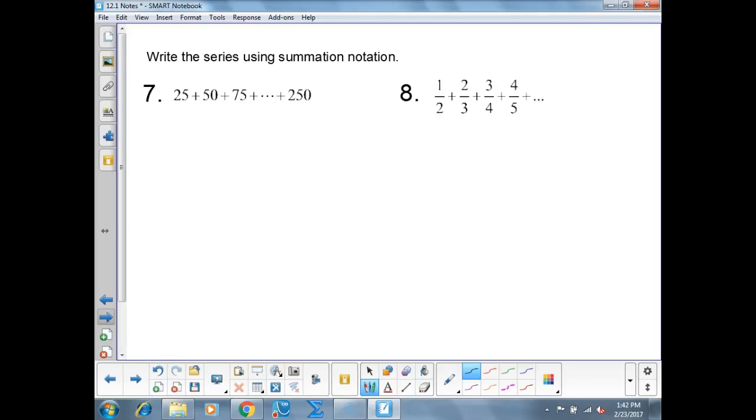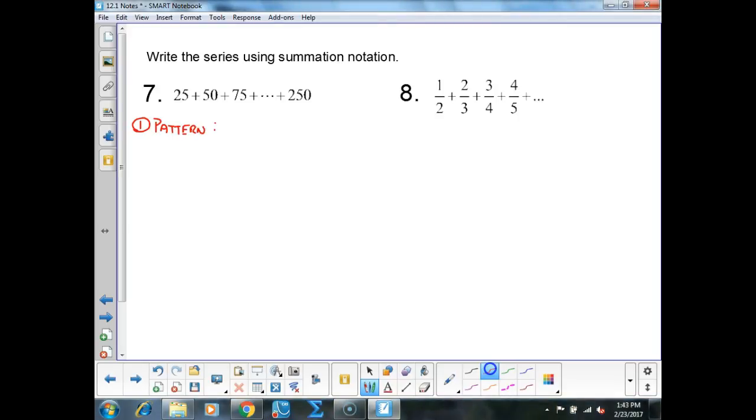So, for instance, on this one, we're going to need a rule at some point in time. So let's look at the pattern to find the rule.